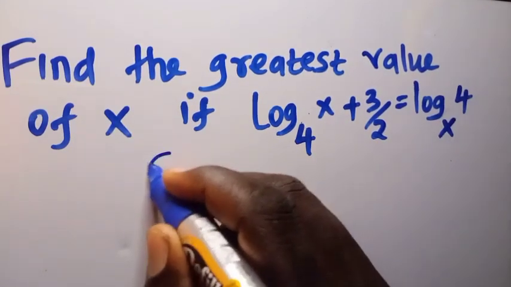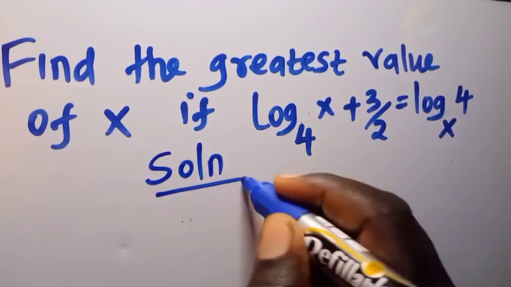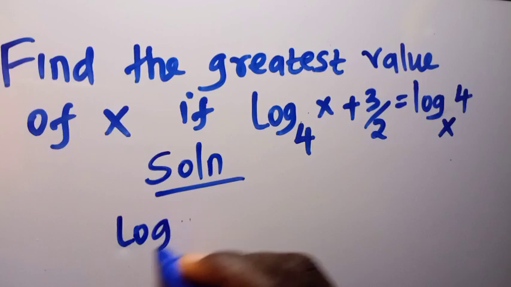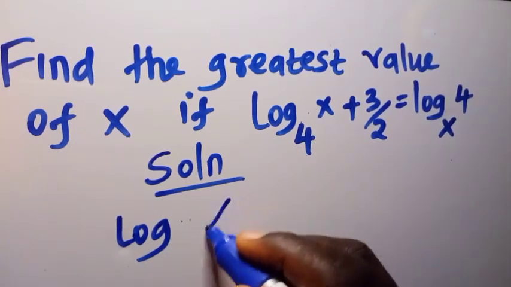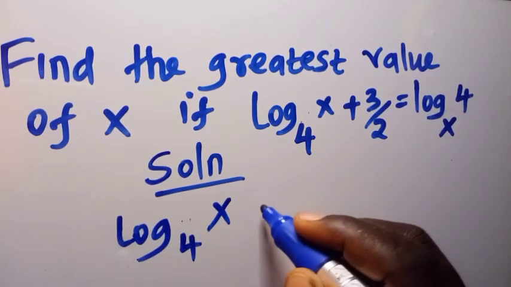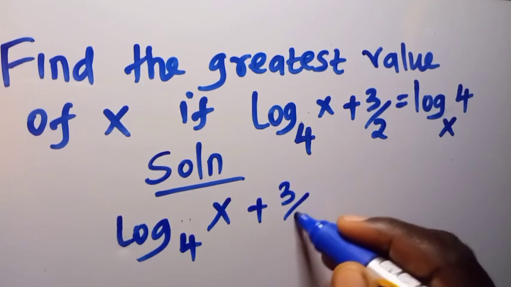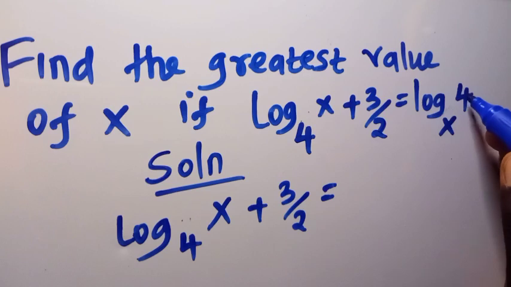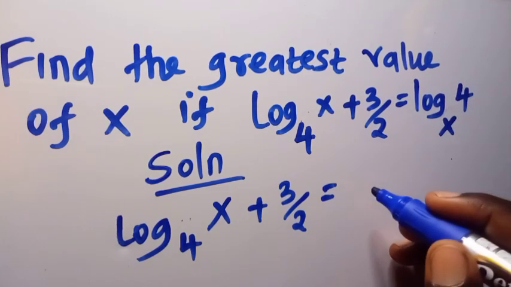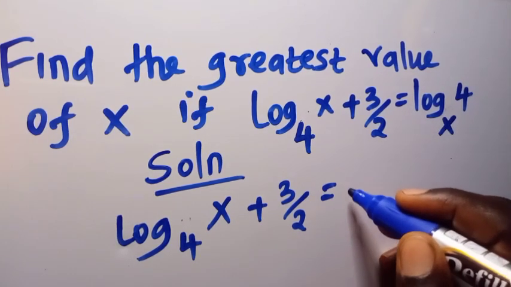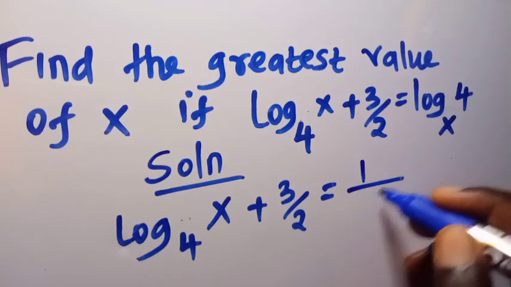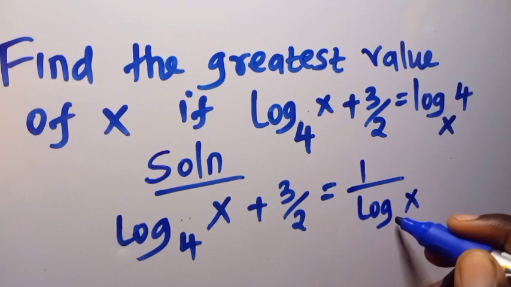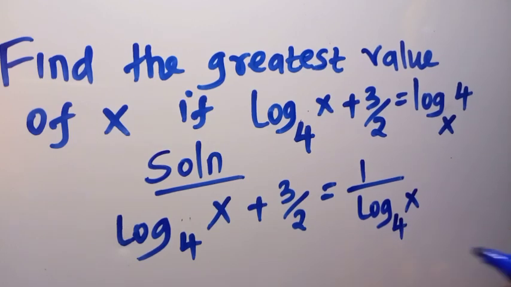So we must ensure that the bases of these two logarithms are the same. We can say that the logarithm of x base 4 plus 3 over 2 equals, instead of the logarithm of 4 base x, from the laws of logarithms, 1 over the logarithm of x base 4.